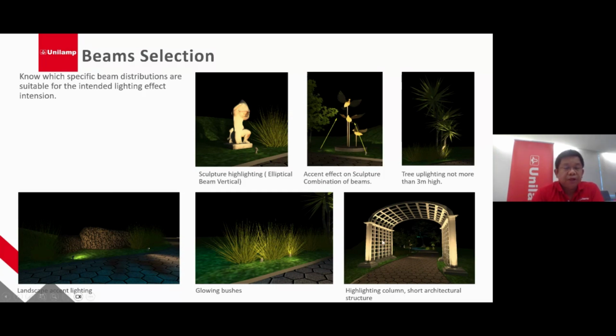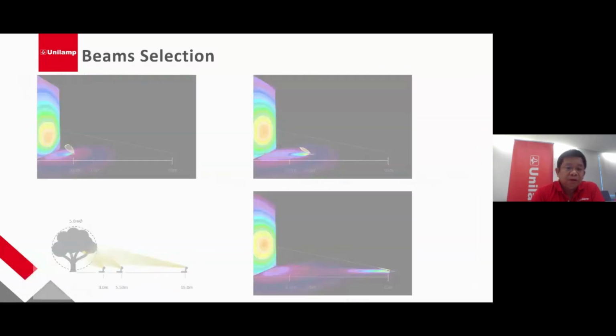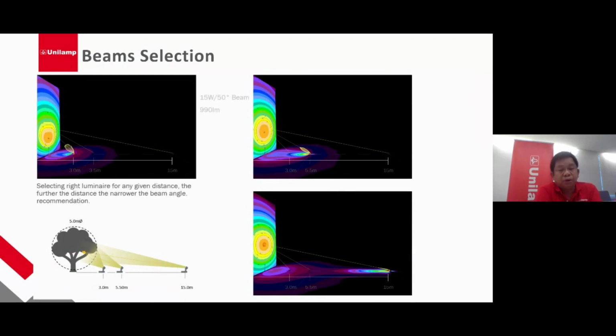So these are all the possibilities if you use different beam angles. The next slide will also give you some idea how far we can use the narrow beam, wide beam, and also the medium beam with the same output of illuminance.